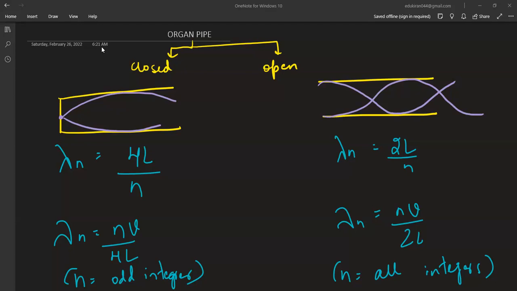What does L stand for? Length of the string. Okay, here for the pipe we will say length of the pipe.